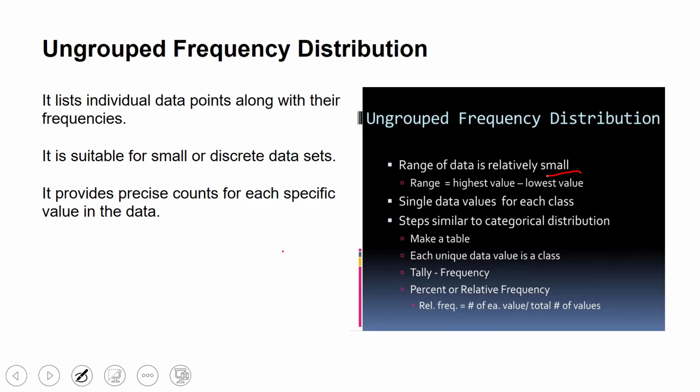The first thing to do is make a table, and each unique data value is a class. Then you can use a tally frequency as I did previously. You can take a percent or relative frequency. The relative frequency is equal to the number of each value divided by the total number of values. As we are doing the classes from the beginning, we'll be able to do all these things.